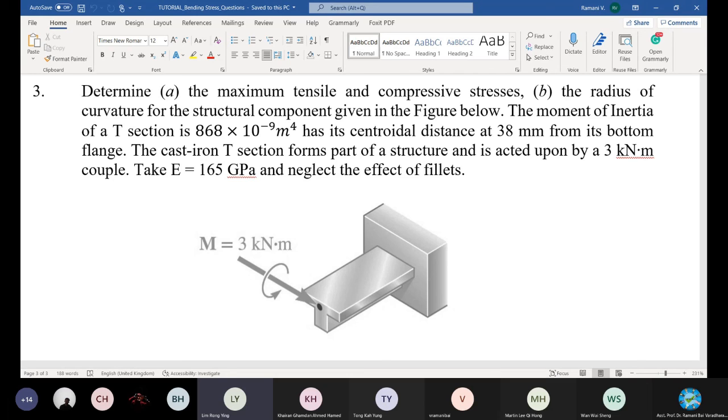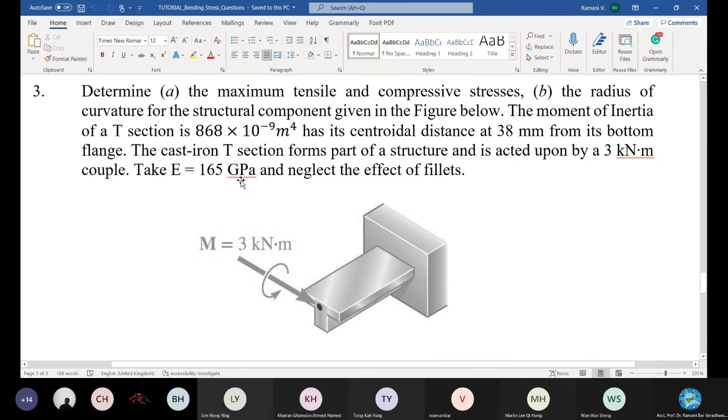The cast iron T section forms part of a structure and is acted upon by a couple of one kilonewton meter. Young's modulus is 165 gigapascal.